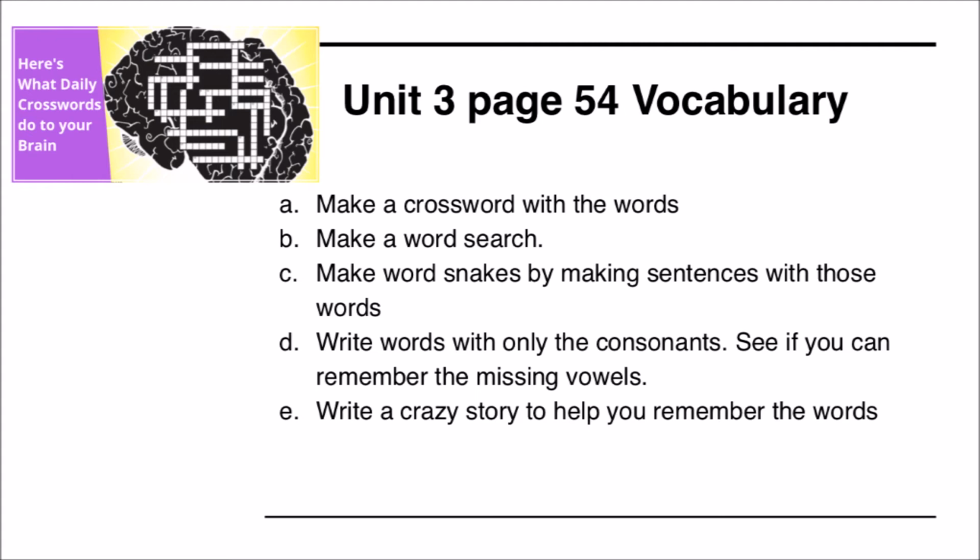So it's like making a sentence using those words, and you can write words with only the consonants if you want. See if you can remember the missing vowels. So for example, if we take the word assume, you just write SSM and try to remember what the word is. Ooh, what's SSM? Oh, it's hard. Okay, so you have to guess. That's another way to do it.